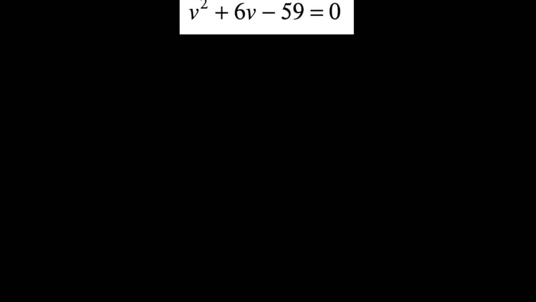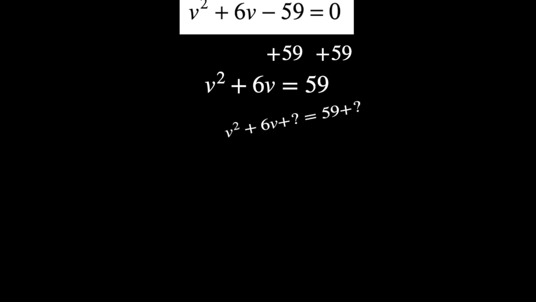Here we've worked through some things. We've decided that it's not a perfect square trinomial on the left, so we'll add 59 to both sides of the equation first. Get our new equation. Start to think what number comes after that 6v, so we're going to fill in the question mark on both sides of the equation, maintaining balance, of course.